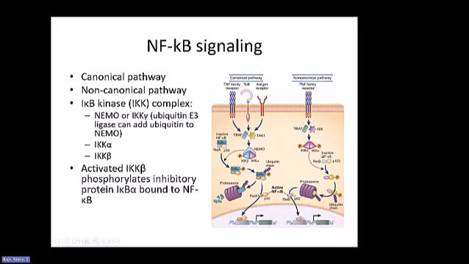Similarly, on the non-canonical side, it's the IKK alpha that helps to phosphorylate or transform the inactive NF-kappa B to the activated form of NF-kappa B, and that can then transfer to the nucleus. Questions at this point?